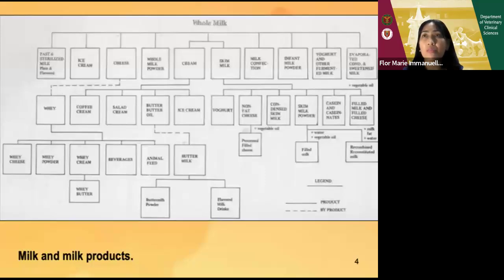The very common one for the Carabao is the queso puti. And then we also have, for the products that we were doing at the processing plant, mozzarella cheese. We had cottage cheese as well. Then we can dry them up, the whole milk, to make the whole milk powder.